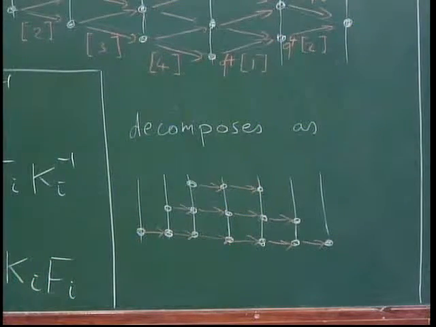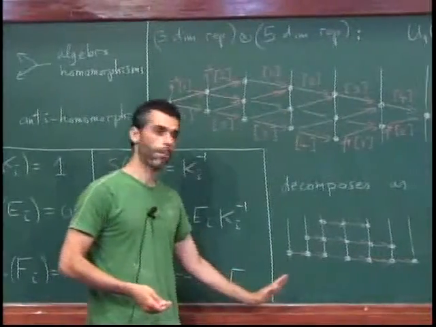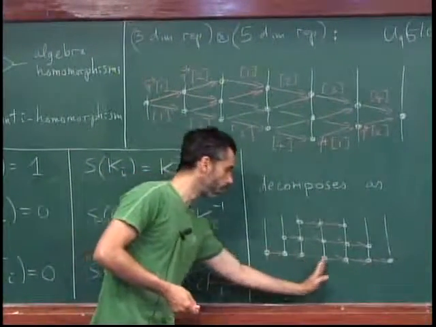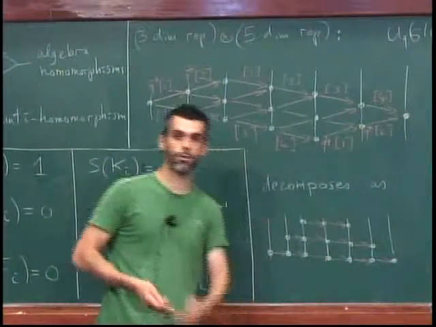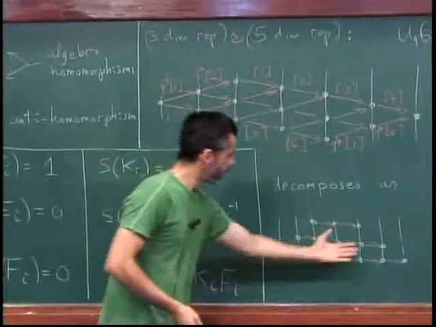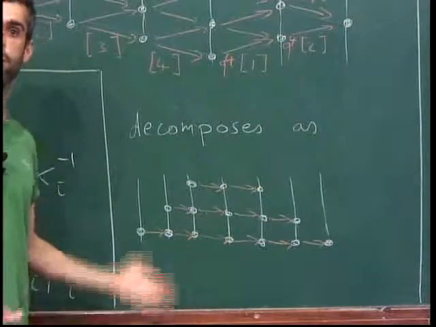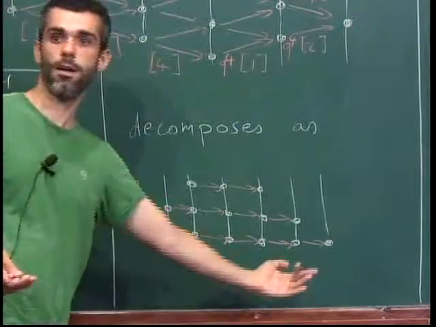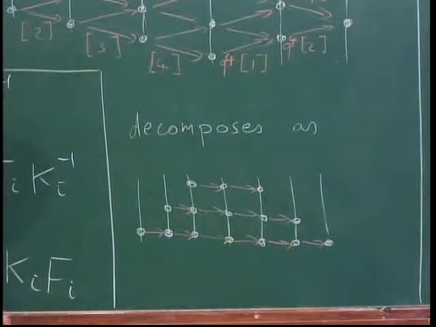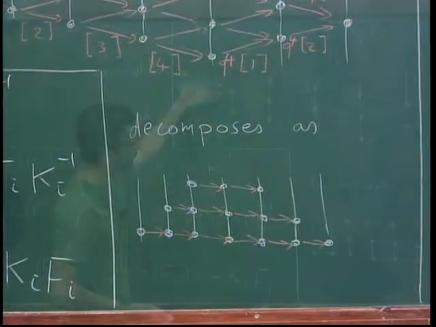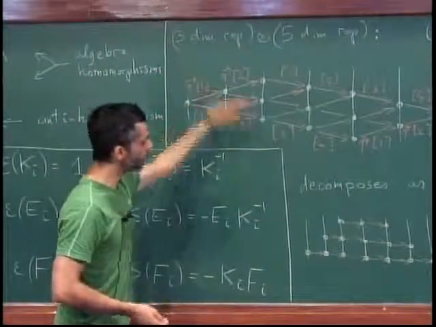And the way you can convince yourself that that's the case is that that's the only way of getting weight multiplicities 1, 2, 3, 3, 3, 2, 1. If you try to make a combination of the weight multiplicities of the irreducible representations for SL2 so that you get 1, 2, 3, 3, 3, 2, 1, that's the only way of doing it. So there is a way of making a change of basis to go from here to there.